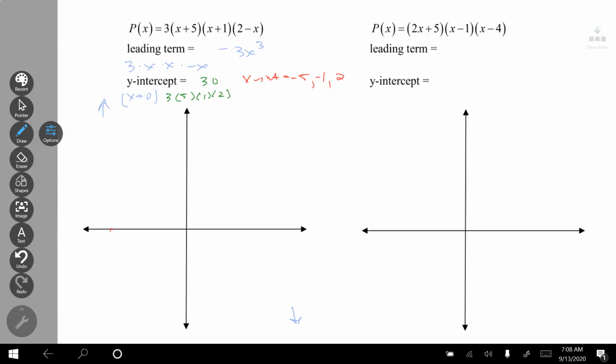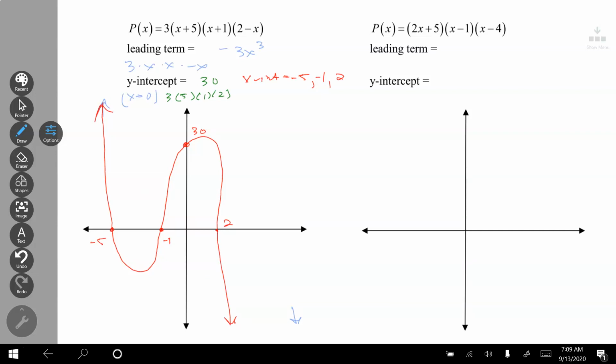I get negative 5, negative 1, 2, I get 30 as my y-intercept, and I just go arrow, dot, dot, dot, arrow, and you should be smooth. Don't get caught off that you have to go to that blue arrow, it just means it's going down. There is a possible look.